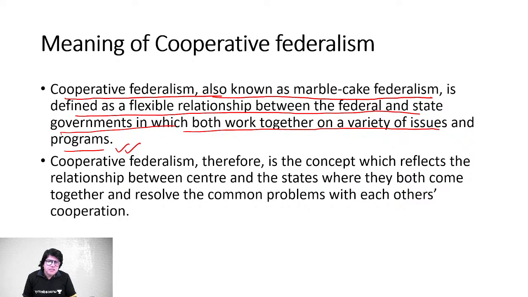That means that the ultimate goal is service to the people in every possible way, so that we are able to achieve the great ideals of justice, liberty, equality, and fraternity, which are enshrined in our Constitution. And to achieve that, obviously, as I said, cooperative federalism becomes a cornerstone. In fact, it is very much necessary.